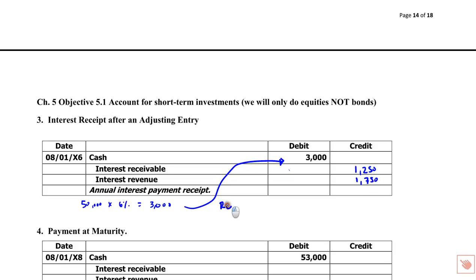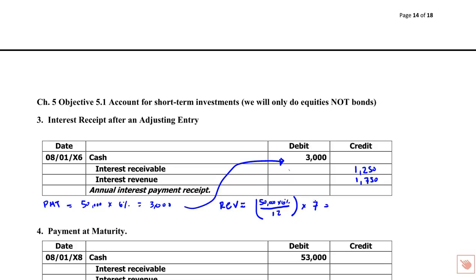Let me put the payment over here. You have January, February, March, April, May, June, and July. It's August 1st, so it doesn't cover August. So you had 5 months last year, and you're going to have 7 months this year. And what was the monthly interest? 50,000 times 6% divided by 12, and we multiply that number by 7.